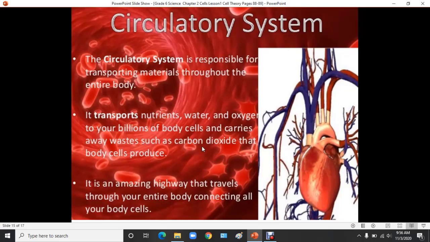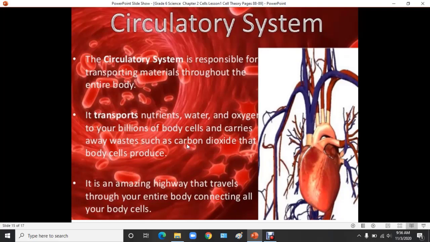Finally, we will talk about the circulatory system, which is responsible for transporting materials throughout our entire body. It transports nutrients, water, and oxygen to our billions of body cells and carries away waste such as carbon dioxide that body cells produce.